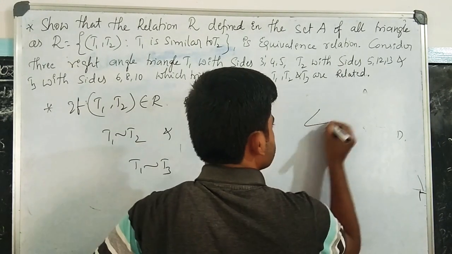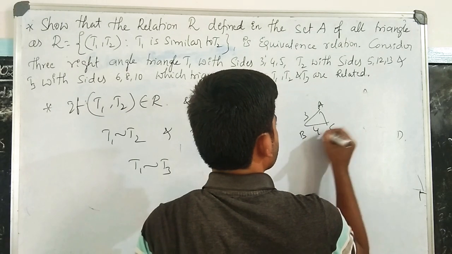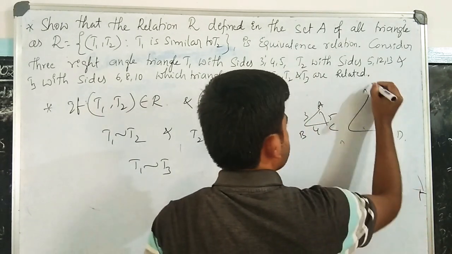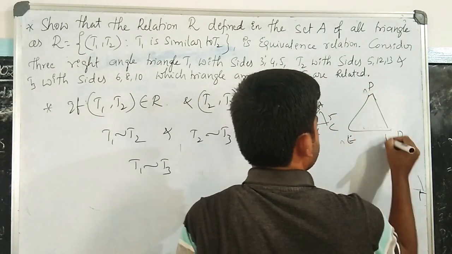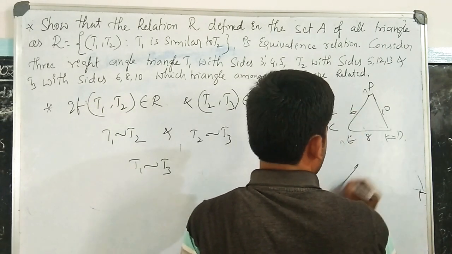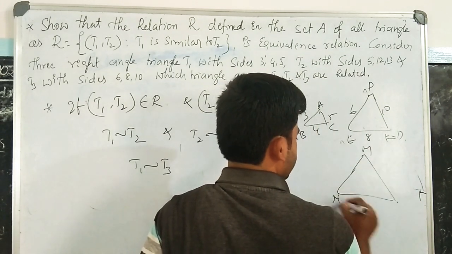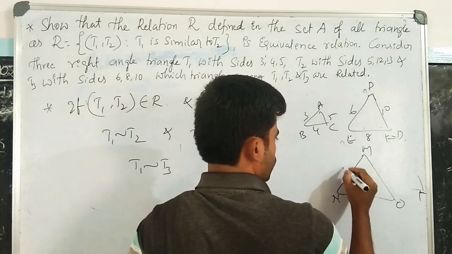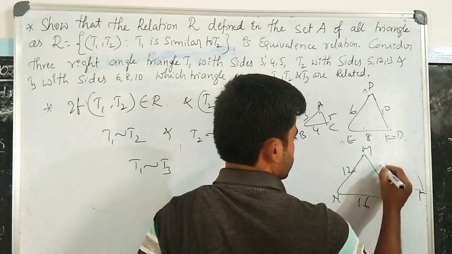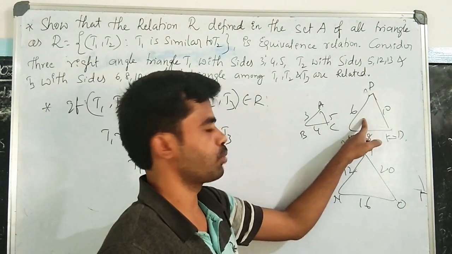For example, let us take ABC with sides 3, 4, 5, and DEF with sides 6, 8, 10. Then one more triangle, MNO, with sides 12, 16, 20. Now this is similar to this; corresponding sides are proportional, you will get 1 by 2.